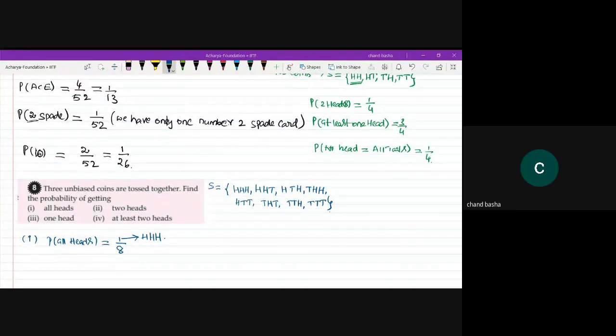Second point to Vikram. 1/8 only, sir? You got 4 divided by 8.